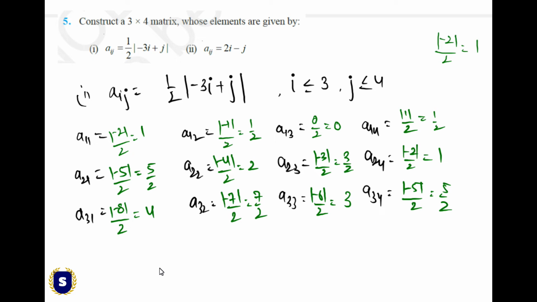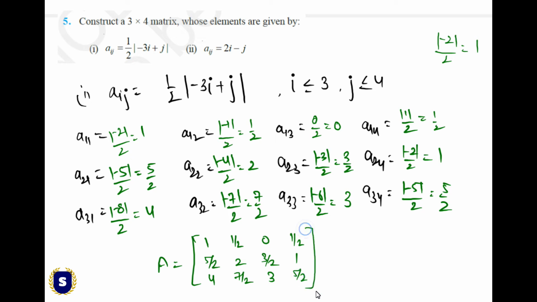So our matrix will become a 3 cross 4 matrix: 1 by 2, 0, 1 by 2, then 5 by 2, 2, 3 by 2, 1, 4, 7 by 2, 3, and 5 by 2. Hope it is clear to you. Now we have to do the second part.